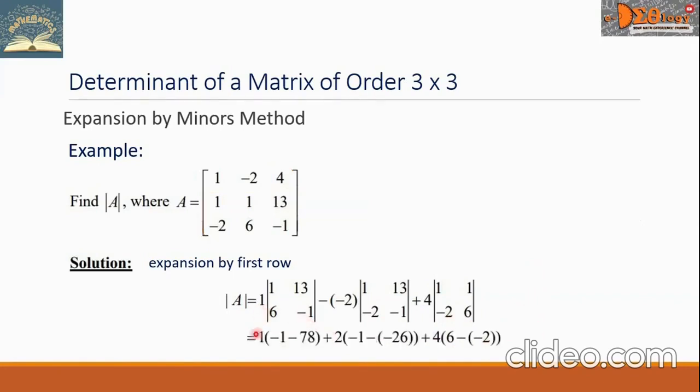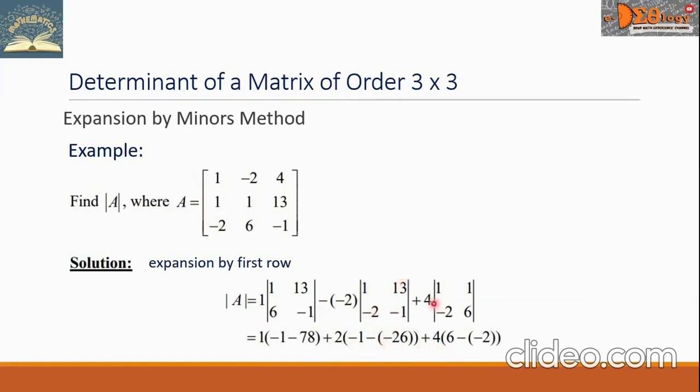We have now this element 1 times the quantity negative 1, which is 1 times negative 1, minus 78, that comes from 6 times 13. Then minus the negative 2, it becomes positive 2, multiplied by the quantity, the product 1 times negative 1 is negative 1, minus the product negative 2 times 13, we have negative 26.